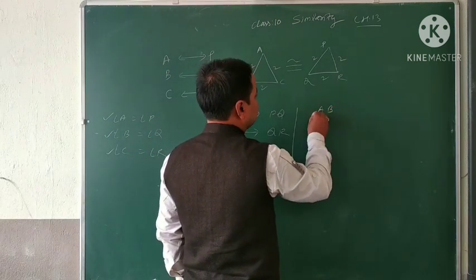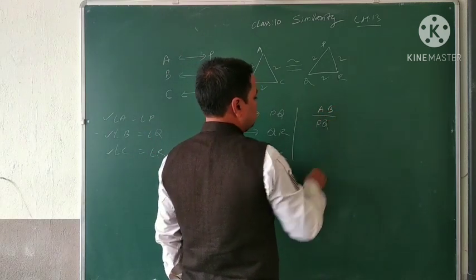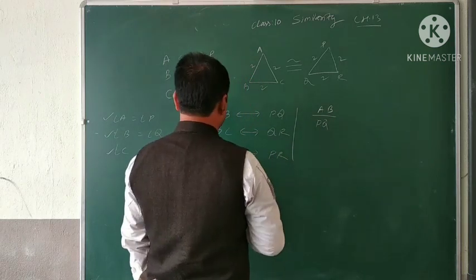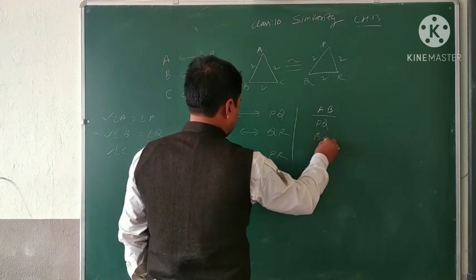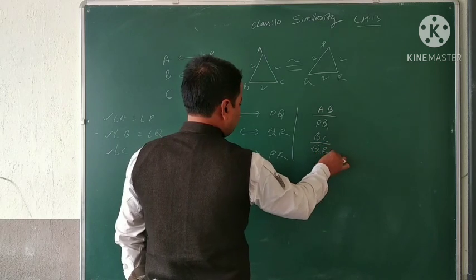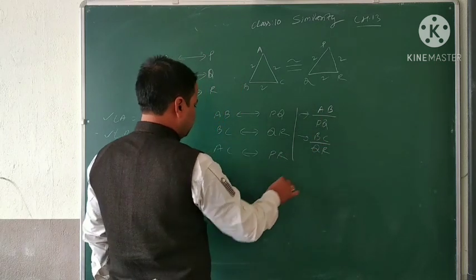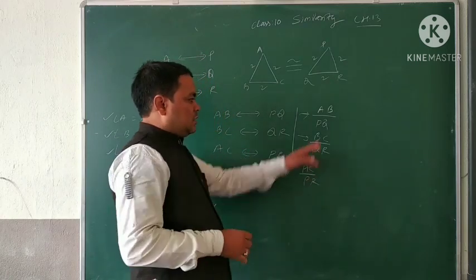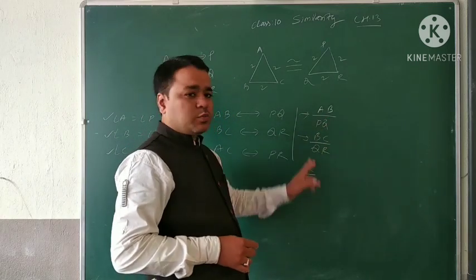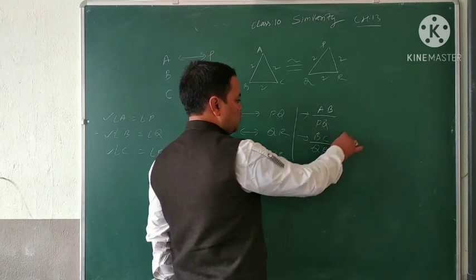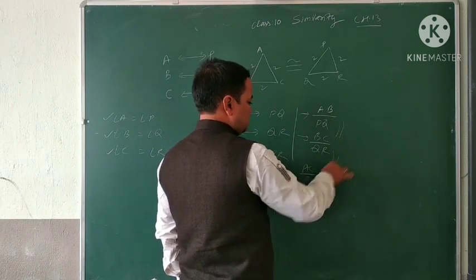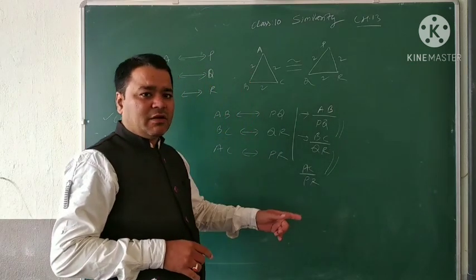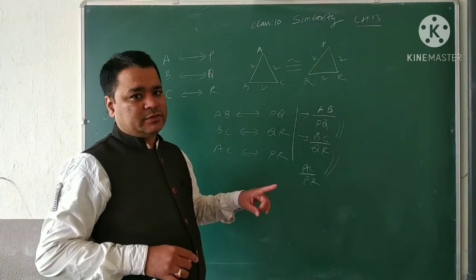AB upon PQ, and here BC upon QR, and here AC upon PR. The ratio of their corresponding sides are equal. Both are equal in the case of similarity.